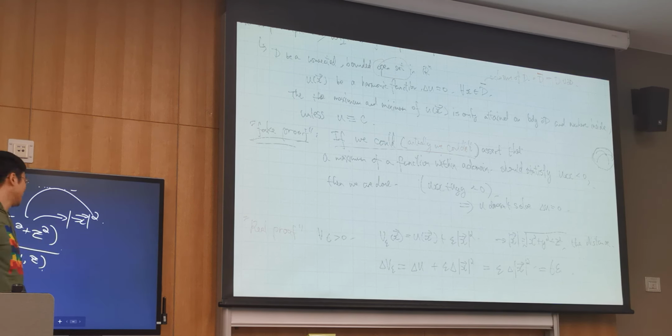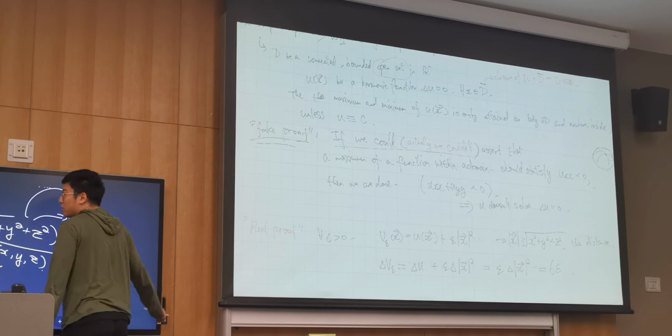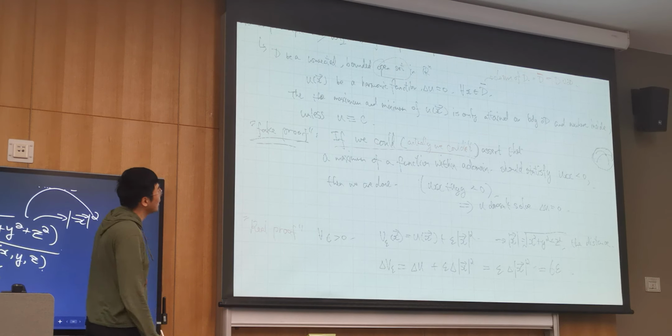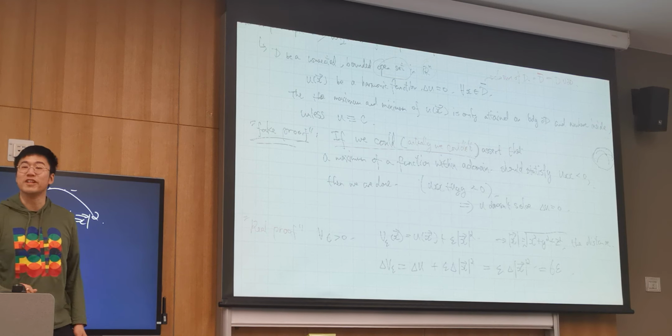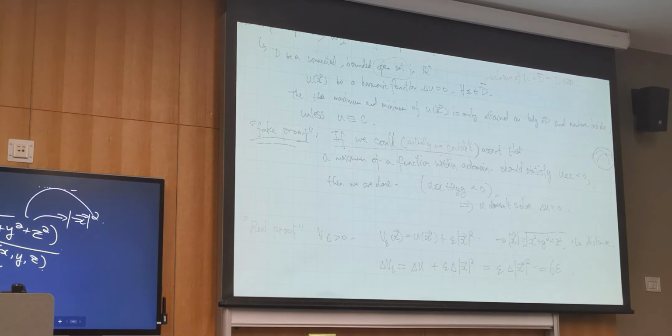Oh well, actually, you know what? This is not 6. I was assuming the proof in n dimensions. I'm sorry. I was talking about the proof in n dimensions. So instead of 3 dimensions over here, it should be n dimensions. So instead of 6, this should be 2n. But it doesn't matter.